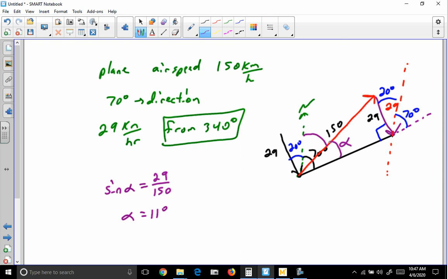So if this part is 11 degrees, and from here to here is a 70, then what we want to know is this angle. Let's call that beta. If we take the full angle 70, subtract the part that we've already used, that'll tell us what's left for beta. So beta is 70 minus 11, or about 59 degrees. So the trick here is just knowing what the terminology is.